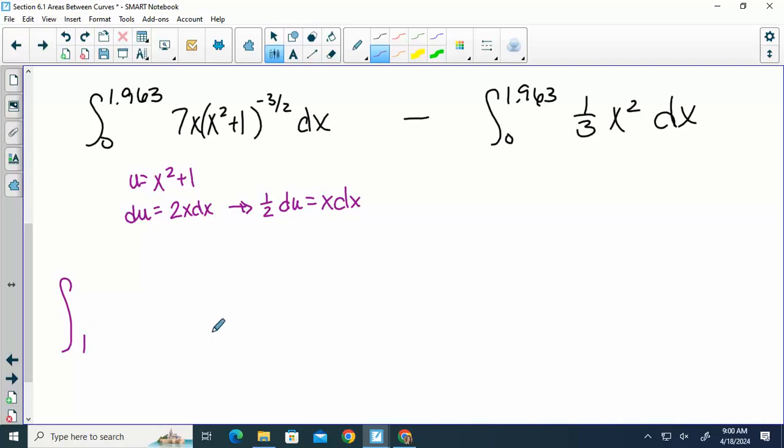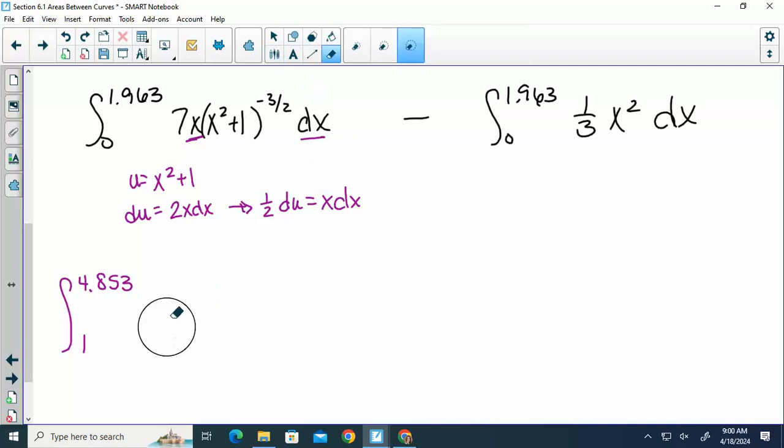If I put in my 1.963, so 1.963 squared plus 1 is 4.853. So then we kept the 7. The x and the dx get replaced with our 1/2 du.